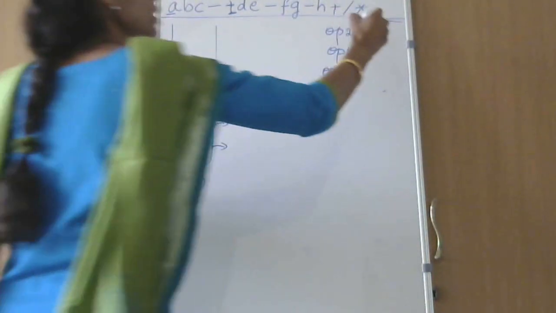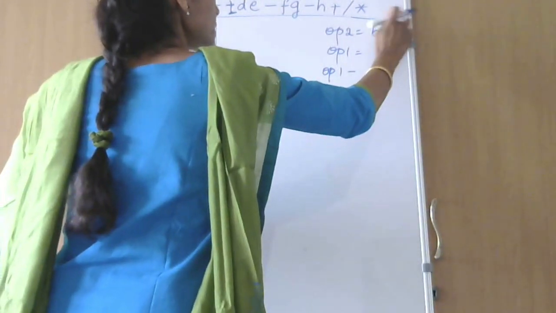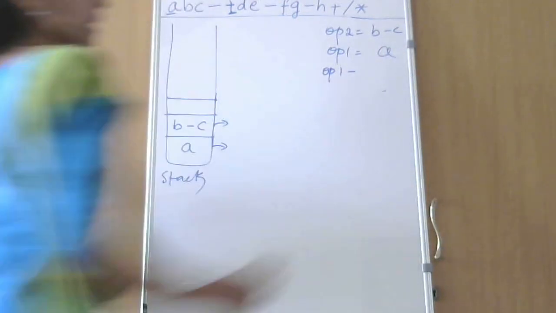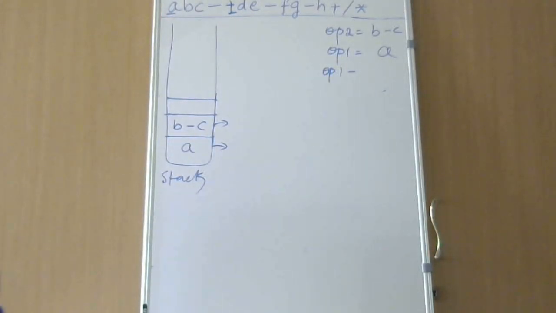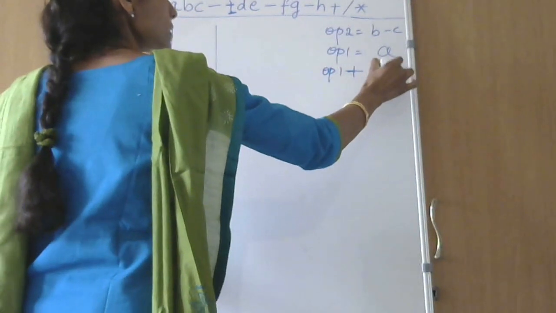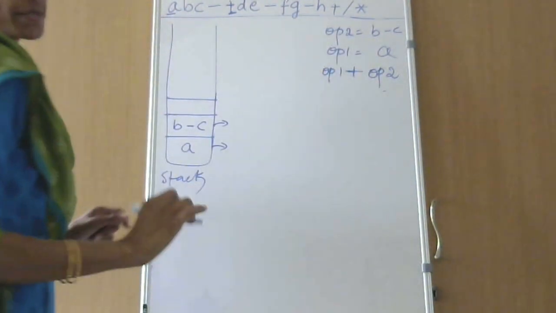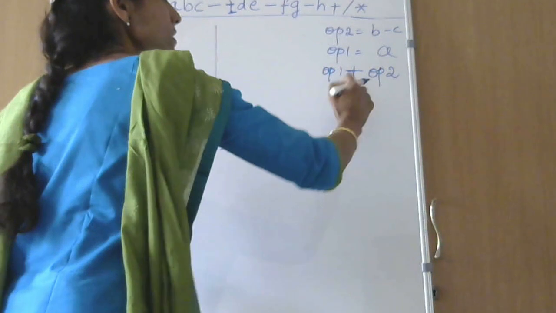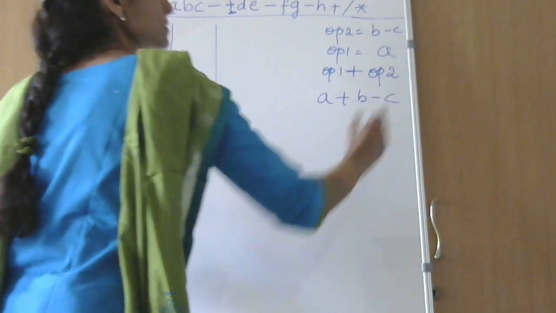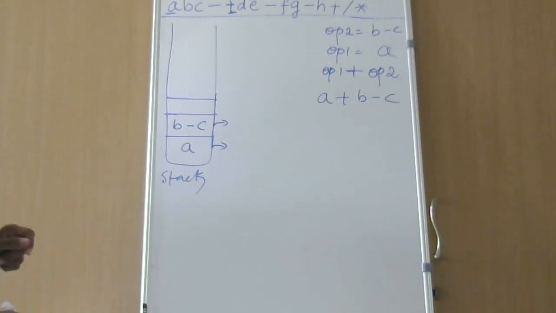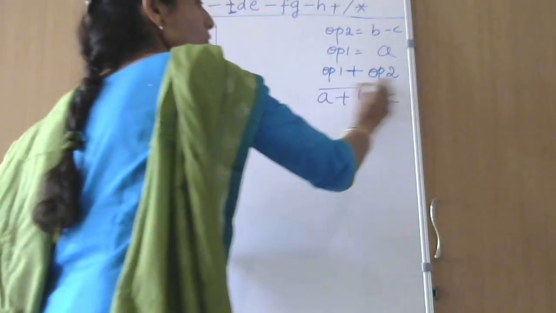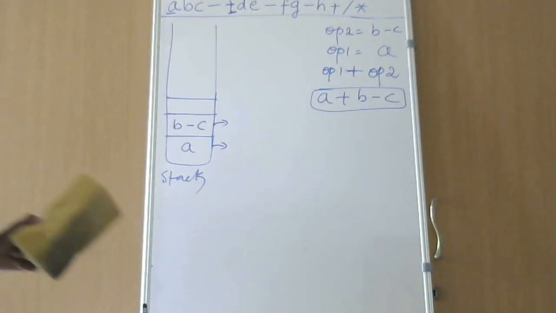My OP2 will now become B minus C. OP1 will become A. What's the operation we have to perform? OP1 plus OP2 because we have a plus there. So if I perform this, the result is A plus B minus C.